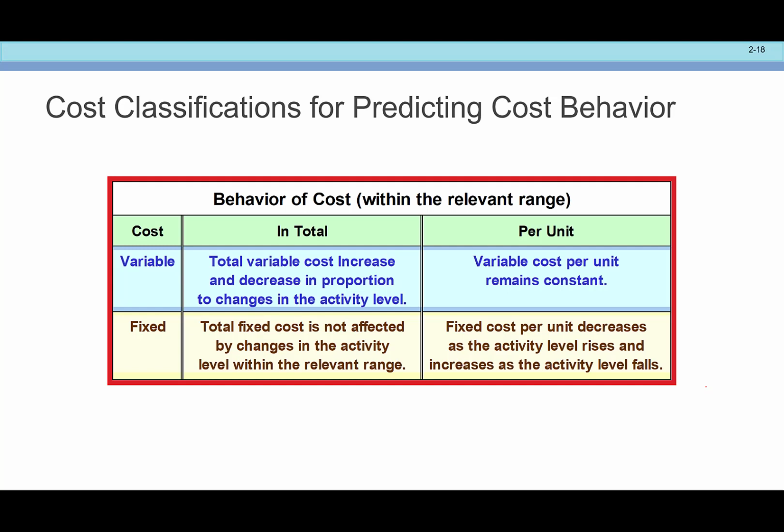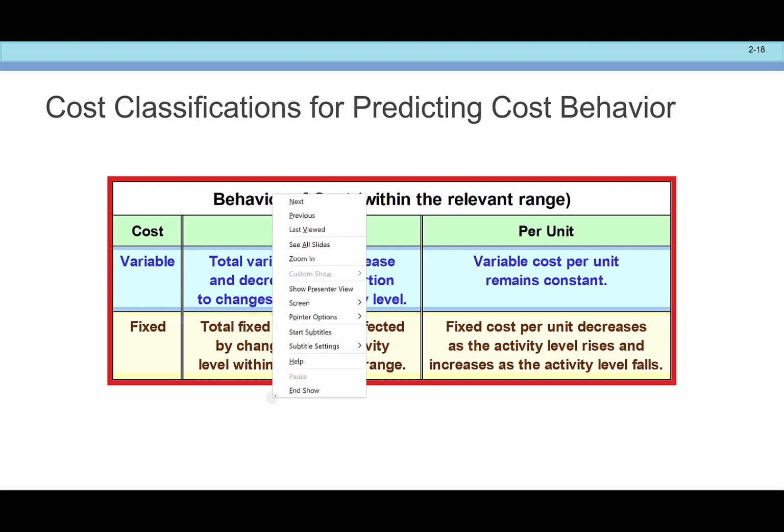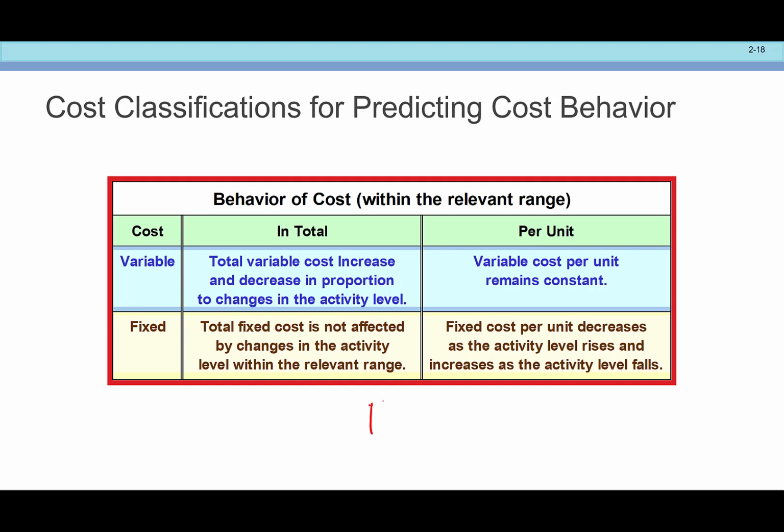So let's say my fixed costs equal 100,000. And let's say I produce 1 unit. Not a trick question. What are my fixed costs per unit?